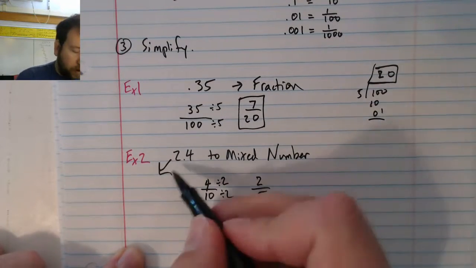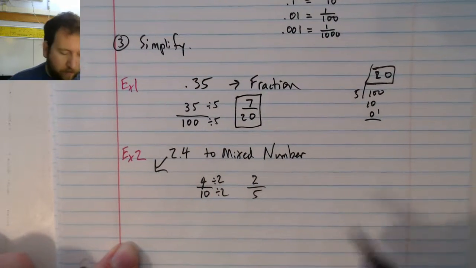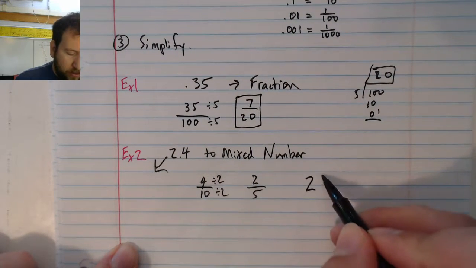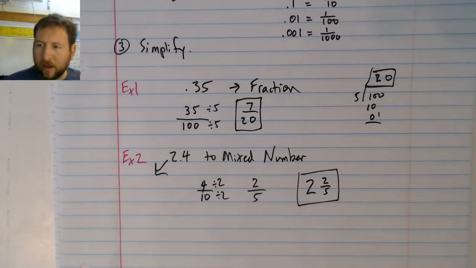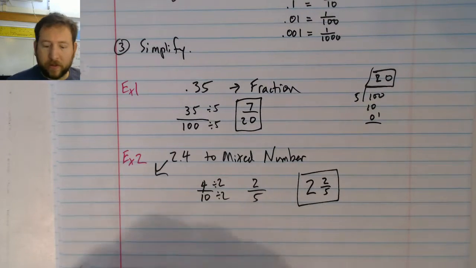Now I need to bring my whole number back, and I can write my answer as 2 and 2/5. Kind of makes sense? If you feel like you get it, go on ahead. I'm going to do a couple more using slightly bigger numbers. Remember, our key here is to simplify, and that's the hardest step of this section.